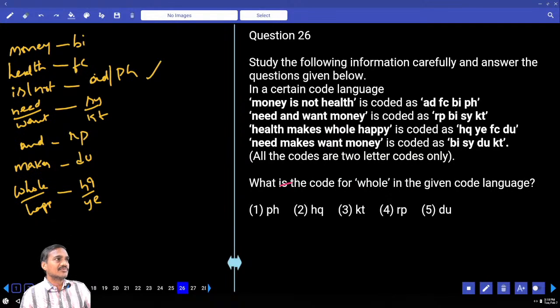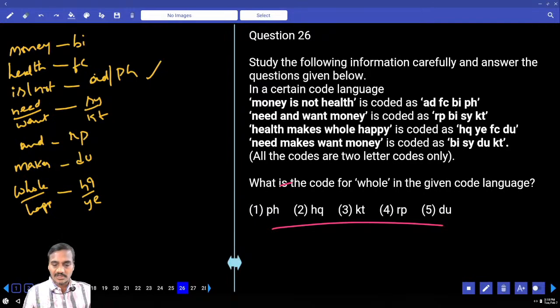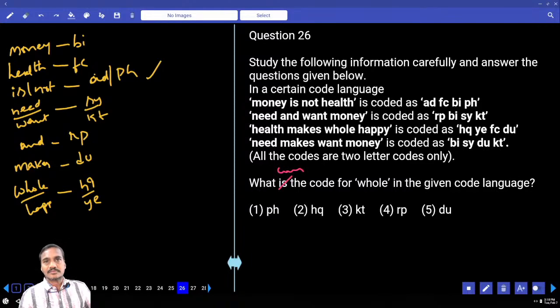Or among the given following, what is the code for whole? Among the following means among the ones given, which can be the answer, isn't it? Or what can be the code means what can it be, not what is the code, which would mean what is definite. The exact answer to this one is cannot be determined, isn't it? Anyhow, that choice is not there, hence we are opting for 2. In general, 2 is not the correct one.